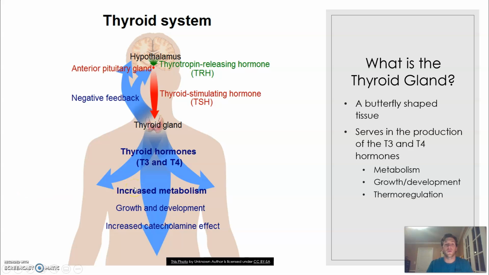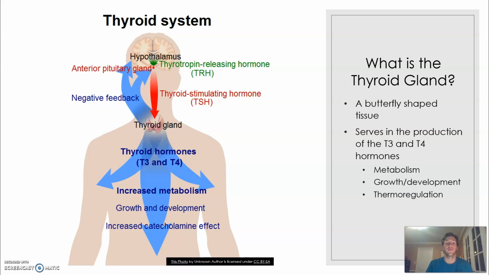So what is the thyroid gland? The thyroid gland is a butterfly-shaped tissue that is located over the anterior and more lateral portion of the trachea. We can see the thyroid gland over here on the left side of the screen. The function of the thyroid is to produce T3 and T4 hormones.